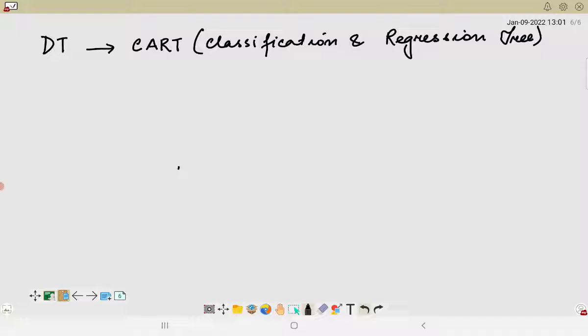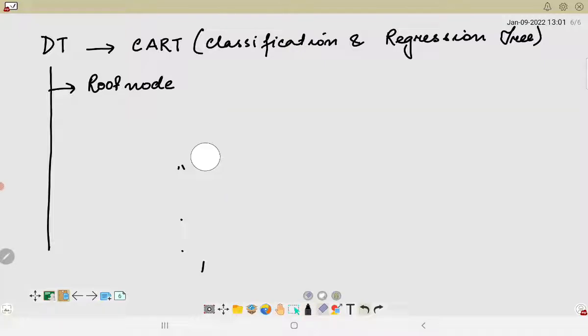Now talking about the terminologies, if we are considering the decision tree, we have to understand there are certain components associated with it. Let us write down the components one by one. One is the root node. This we already saw in the diagram, and this is the node from where the decision tree starts, and it will have the whole data set.